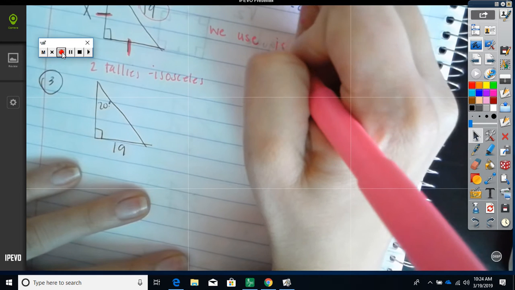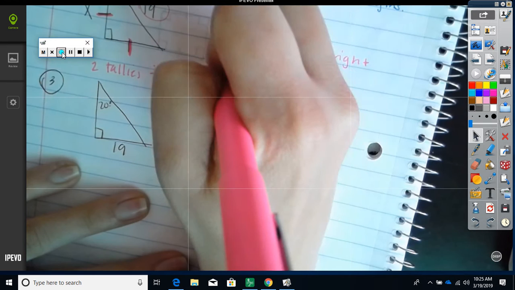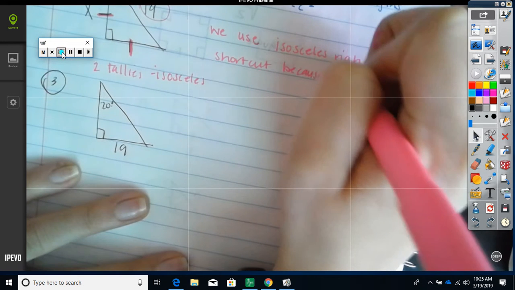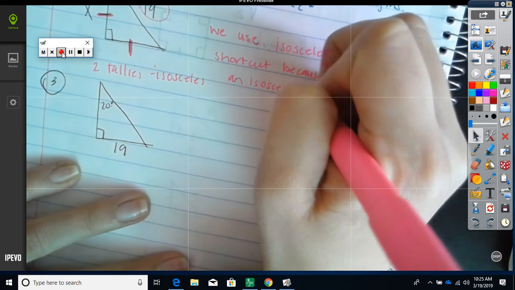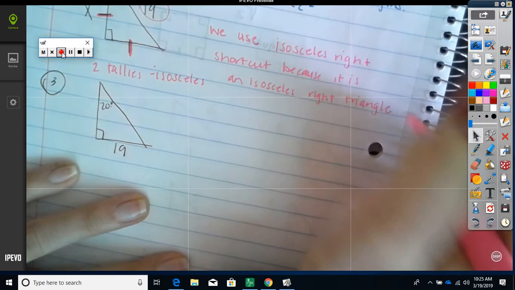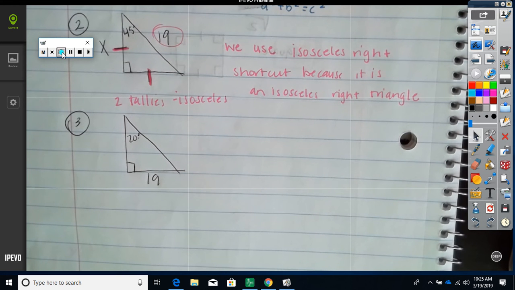Yeah, so you can use the isosceles right shortcut because it's an isosceles right triangle. I'm going to give you some time to write this one, then we're going to look at number 3. So this is where you either multiply or divide, you use a shortcut.